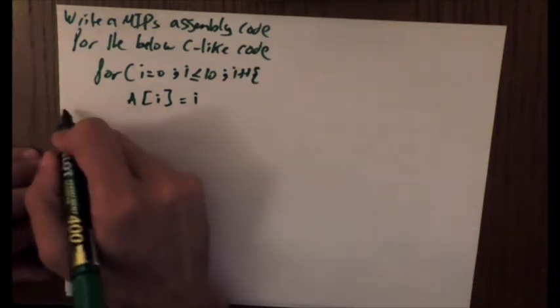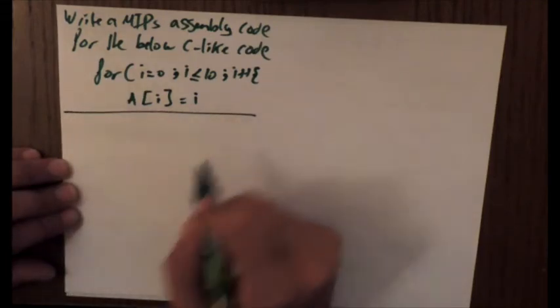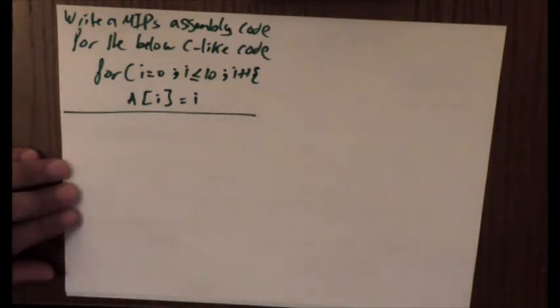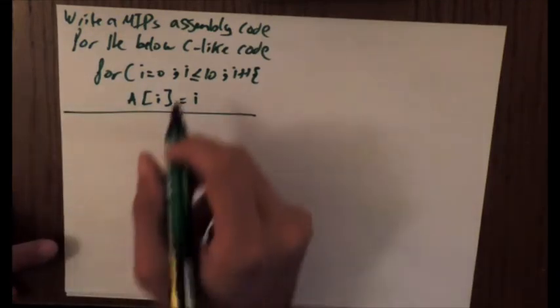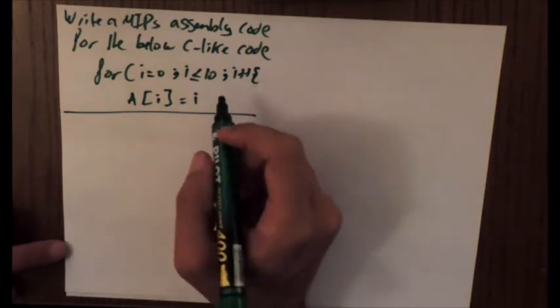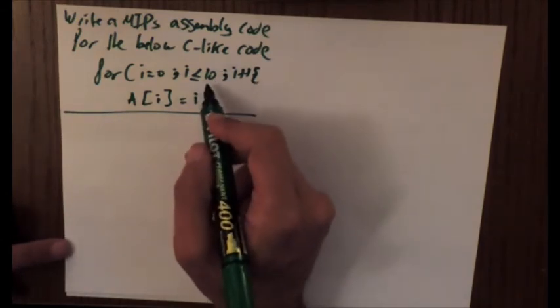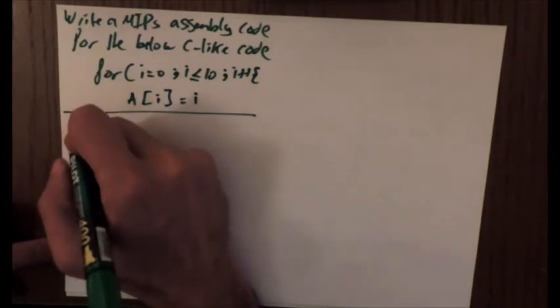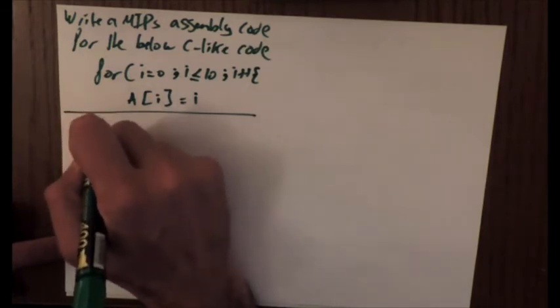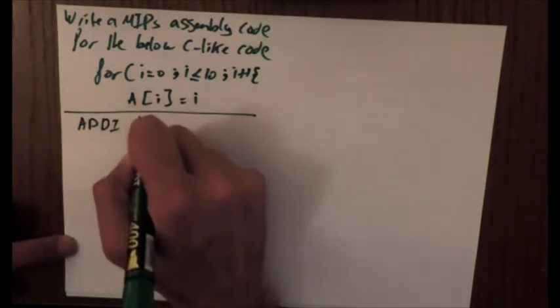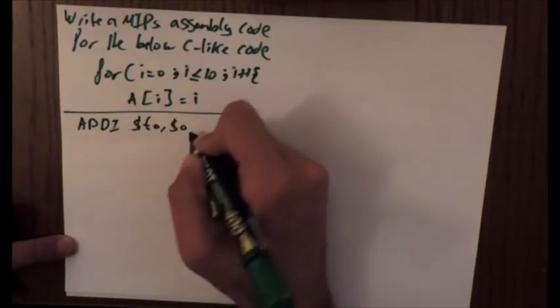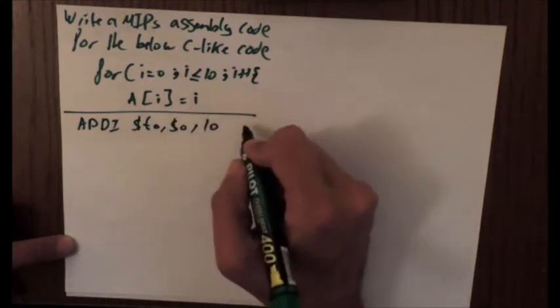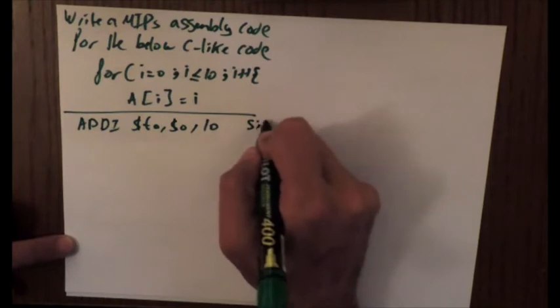So let's see how we can write this in MIPS assembly code. So first I need to initialize the variables. First I have 10 elements, so let's say I'm gonna place addi $t0, $0, and then I'm gonna place 10. This is the size of the array.